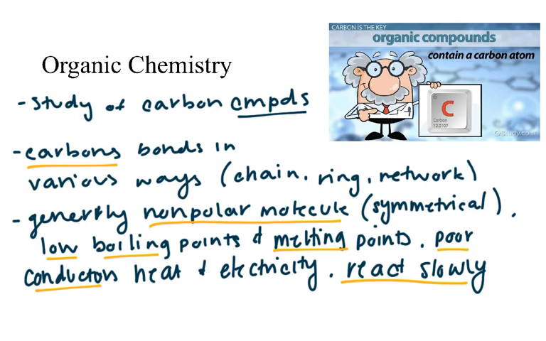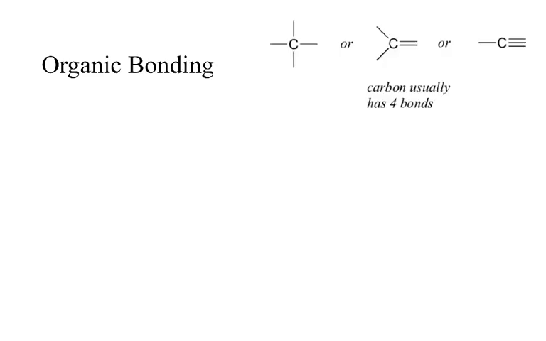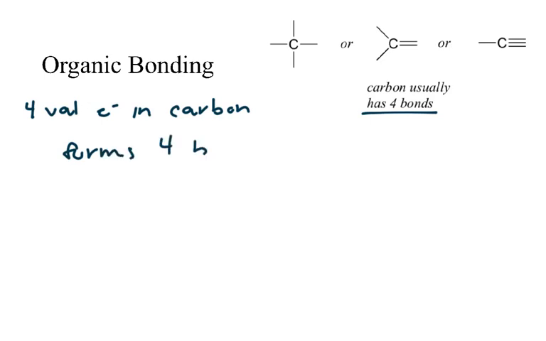So carbon, we know, has 4 valence electrons, so that's going to look at the bonding. Carbon usually has 4 bonds, so it forms 4 bonds, right? This leads us to a stable compound.